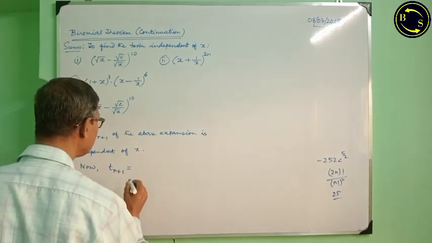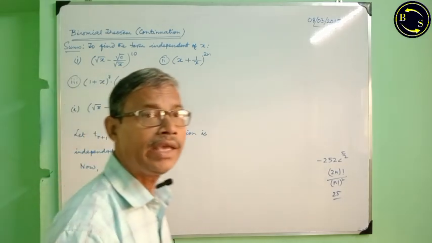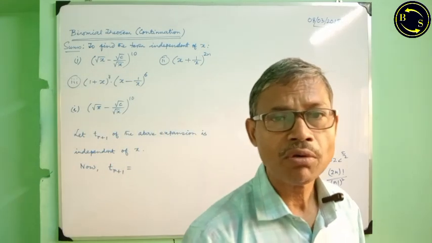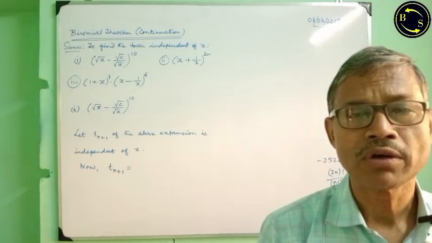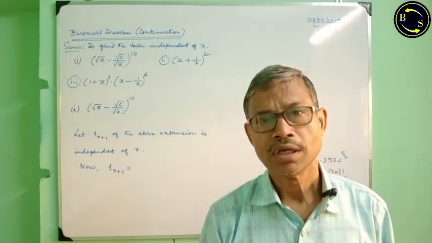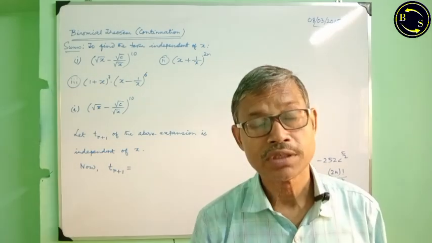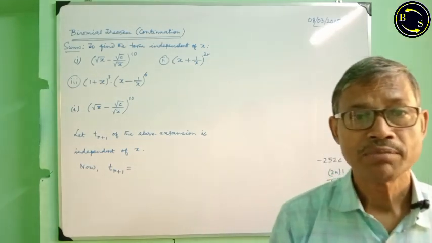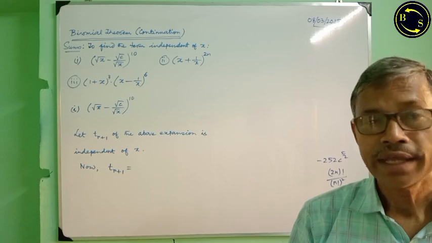Now we first write down this term t r plus 1, that is equal to, as per formula, nCr a to the power n minus r into x to the power r, where the expansion is a plus x whole to the power n.